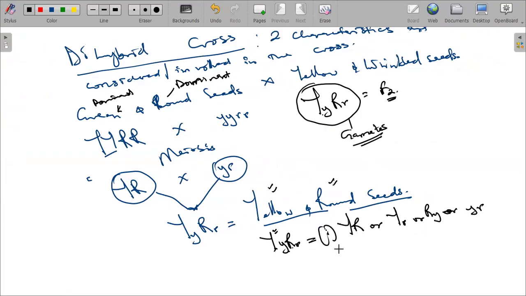So we have four gametes that can be formed here.